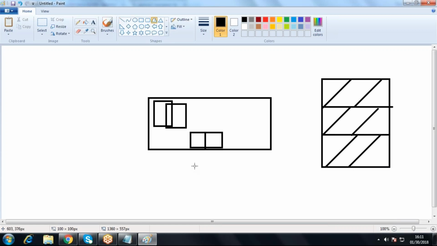Now there is a chair and a person sitting on this chair.